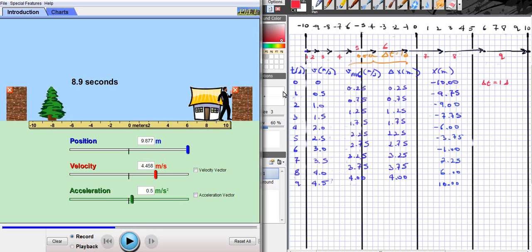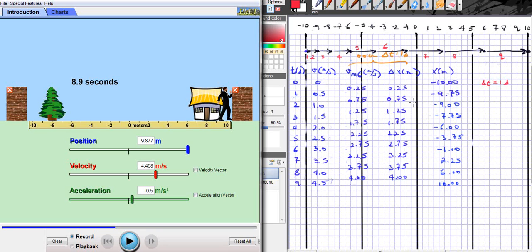Well, if over this 1 second time interval his average velocity is 0.75 meters per second, that means he's gone 0.75. That means that his displacement is 0.75, which means that he's gone from minus 9.75 to minus 9.0. And that corresponds to this t equals 2 being at this position.